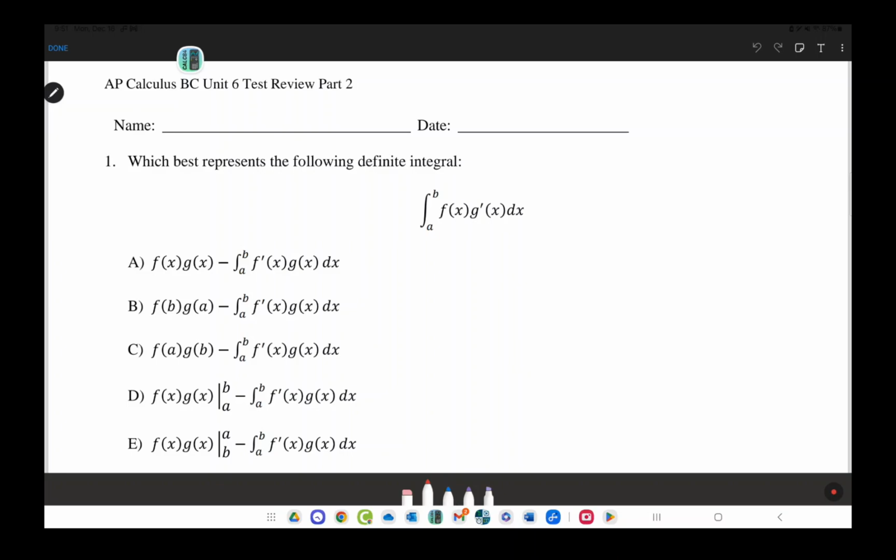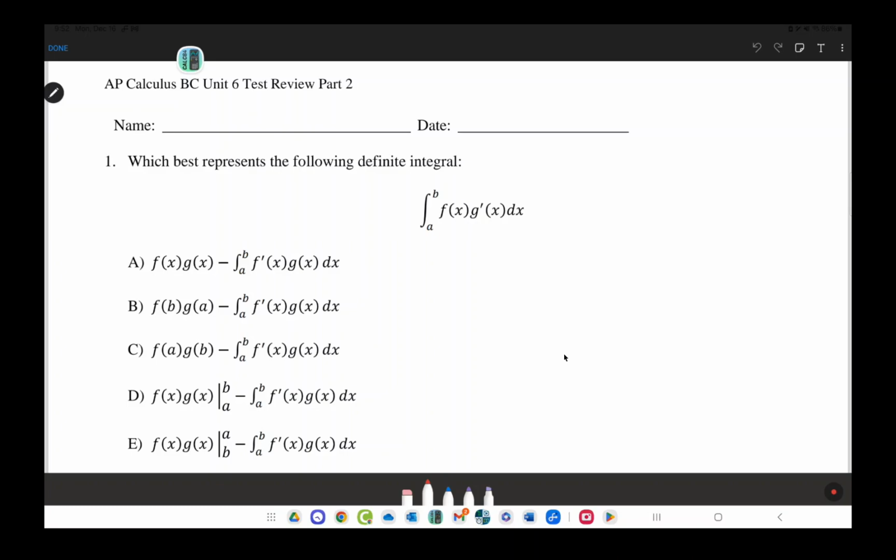So which best represents the following definite integral? I might as well get started on this today, so we make sure we finish and answer any questions you guys have on Wednesday. This one was a little fun to make up. Now, the question on the test will not look exactly like this, but it will have the same concept.